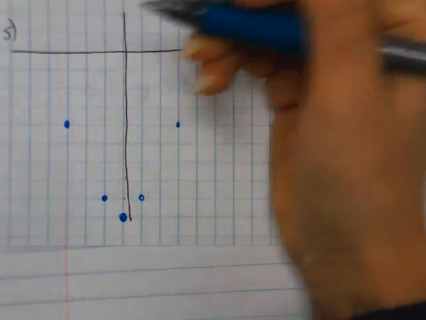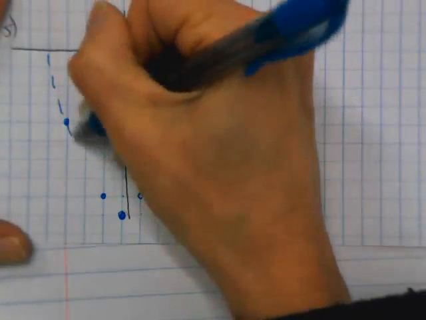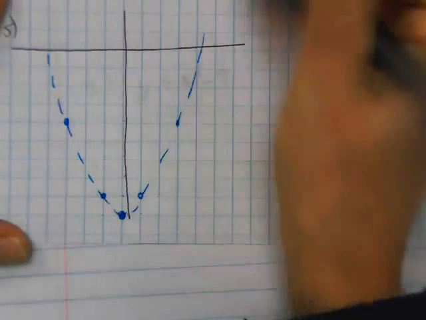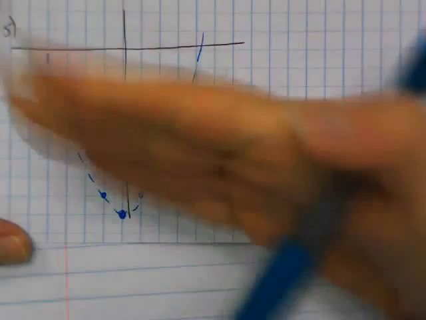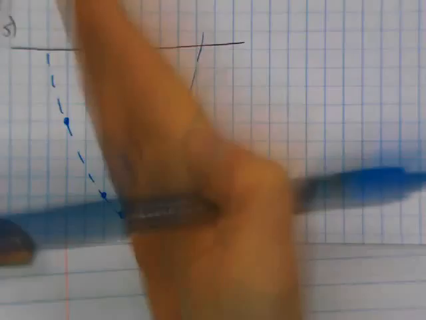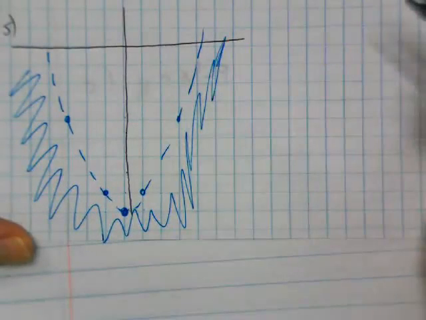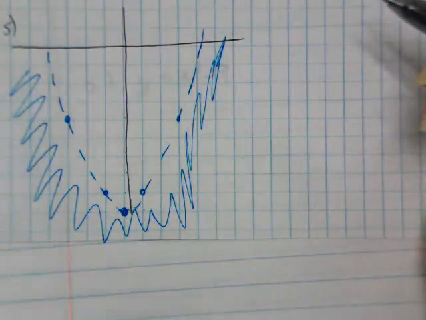Now, this was a less than, so let's do a dotted line. And I'm going to shade less than. So greater than would be above the parabola. I want to shade below the parabola. Okay?